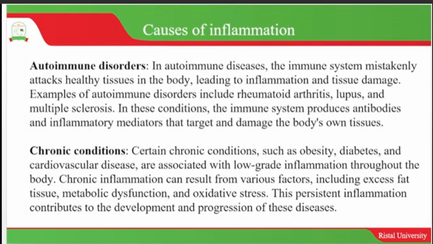When the immune system doesn't recognize self from non-self, it ends up attacking its own cells, and this attack leads to inflammation and tissue damage. For example, immune disorders like rheumatoid arthritis, lupus, and multiple sclerosis. In these conditions, the immune system produces antibodies and inflammatory mediators that target and damage the body's own tissues.